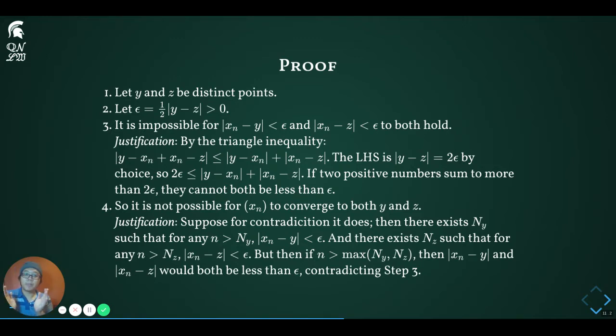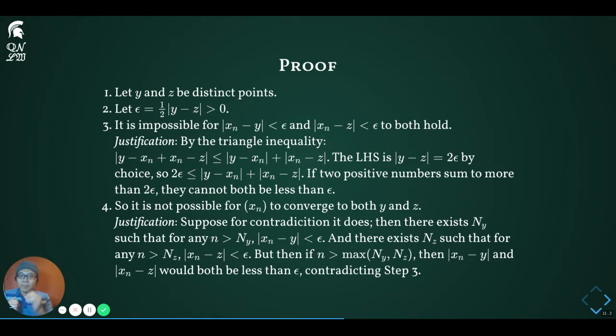We can prove this step by contradiction. Suppose the sequence does converge to both values. For the epsilon we have chosen, there is some n which may depend on y, so we write it n sub y, such that for any later index than n sub y, the terms of x are within epsilon of y.